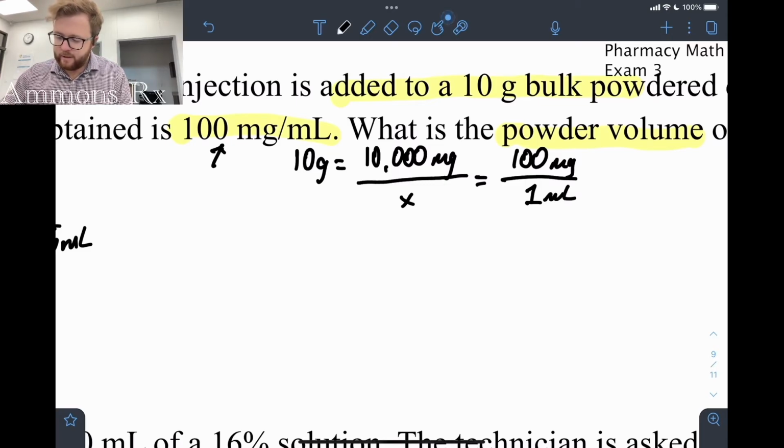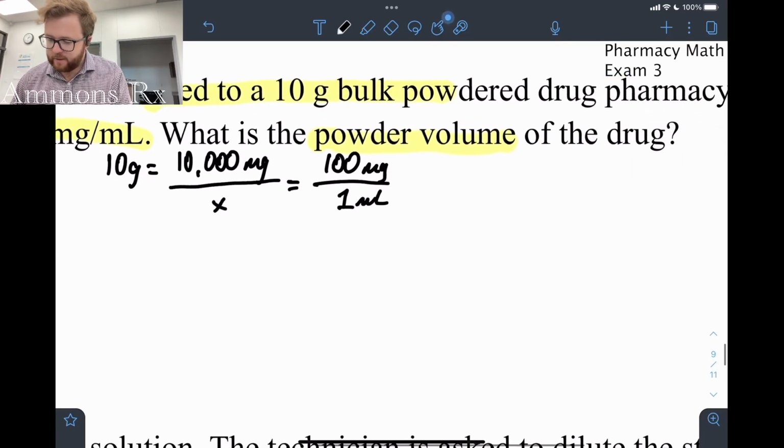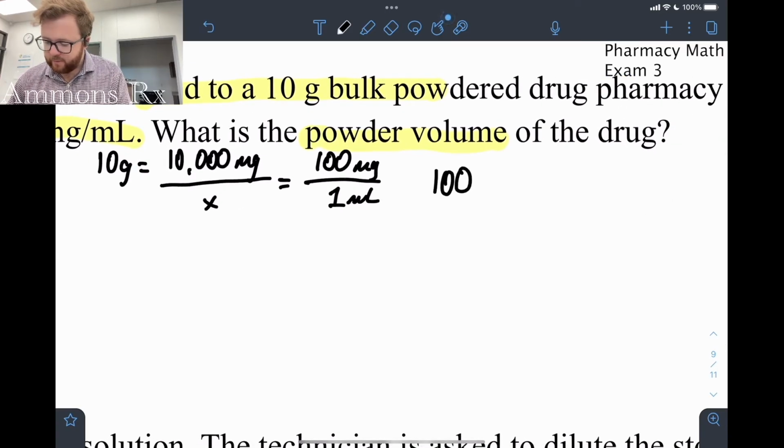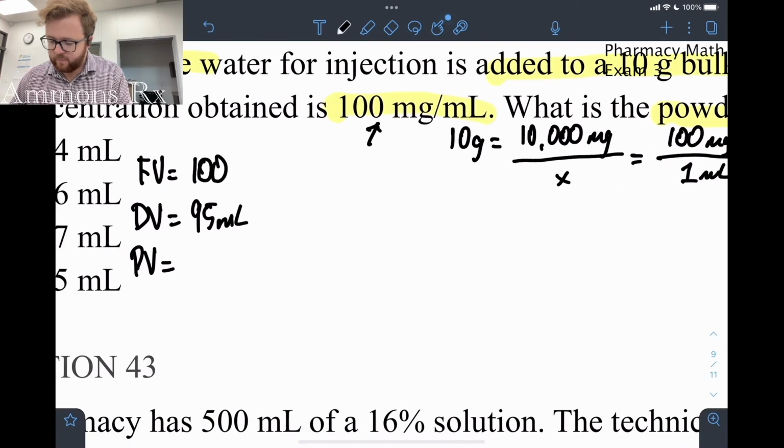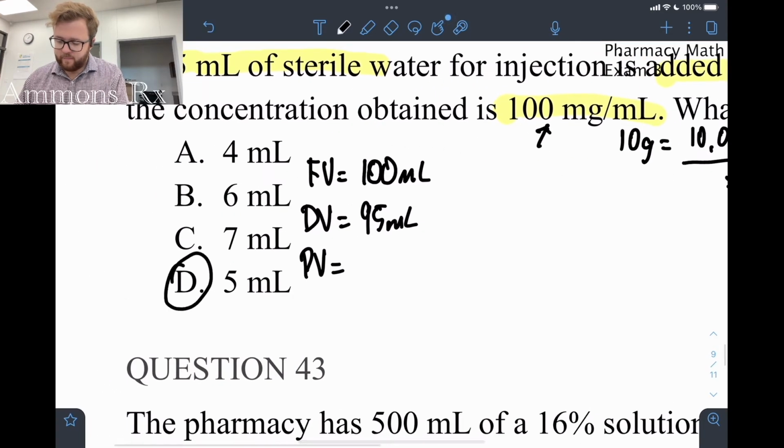So let's do 10,000 divided by 100, and it's going to be 100 mils. So 100 mils is our final volume. And what is 100 mils minus 95? It's going to be 5.